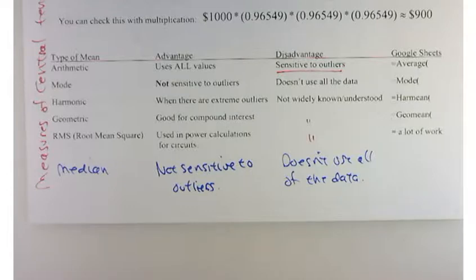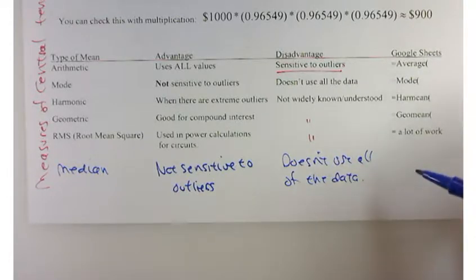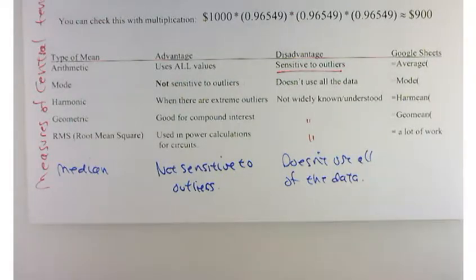Yes, sir? I'm curious, what is the mid-range useful for? Nothing in my mind. I just don't use the mid-range. I think the author, in one of the exercises, asks us for the mid-range, and we can calculate it. Maybe sometimes it's okay, but like I said, you're going to be sensitive to outliers on both ends.